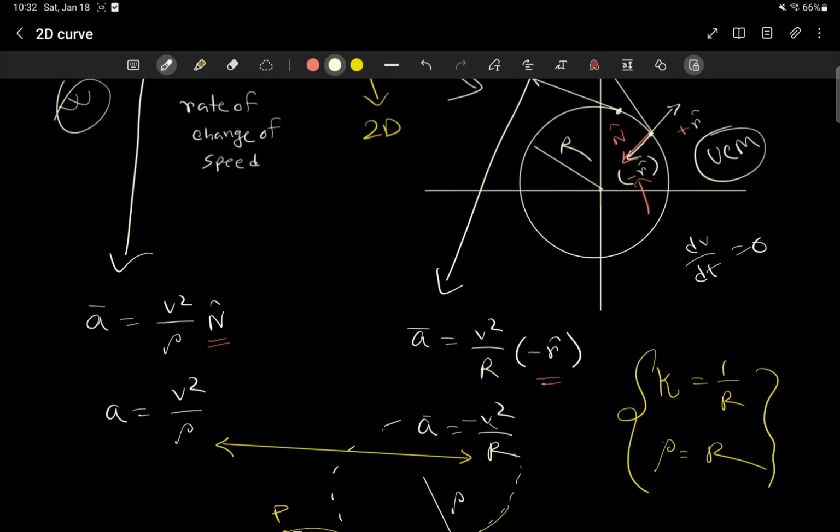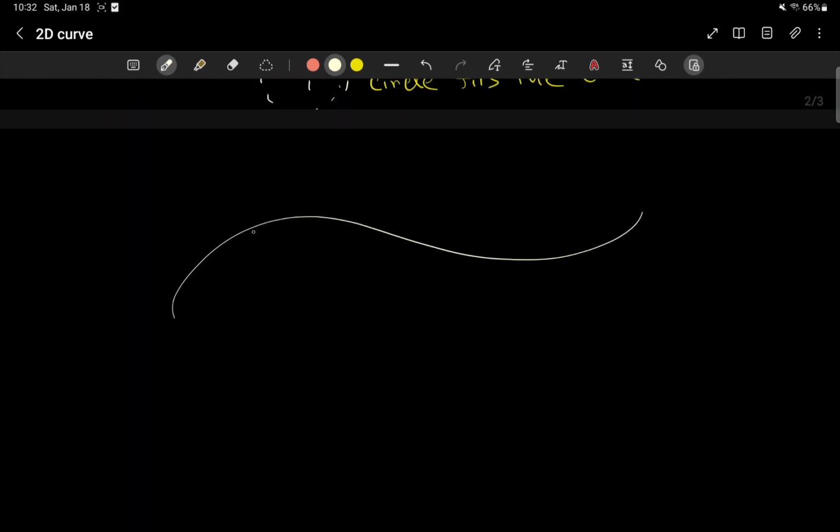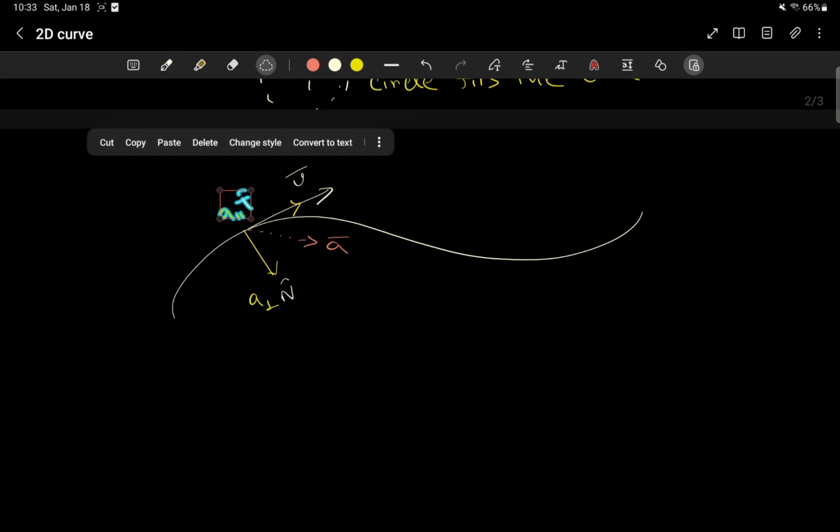And as you can see from here, for every general 2D motion, the velocity will be in the tangential direction, and the acceleration will have two components. Let's say the acceleration is here, and the components will be in this direction and in this direction. So A parallel, which is parallel to the tangent, and A perpendicular, which is directed in the normal direction, the principal normal direction. Okay, so that's about it.